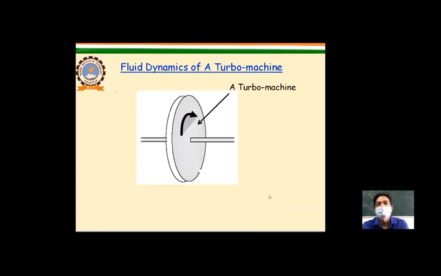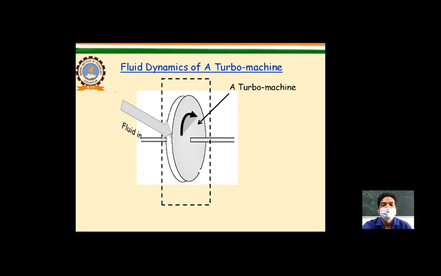Now here, because your topic is fluid dynamics, what is fluid dynamics? This is the turbo machine. At this section, some amount of energy will be at input, and some amount of energy would be at output.